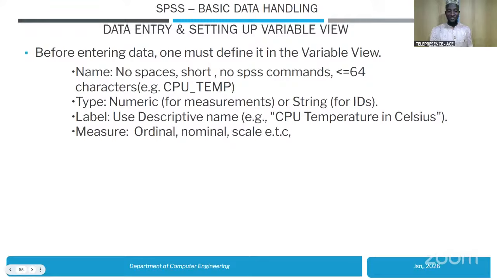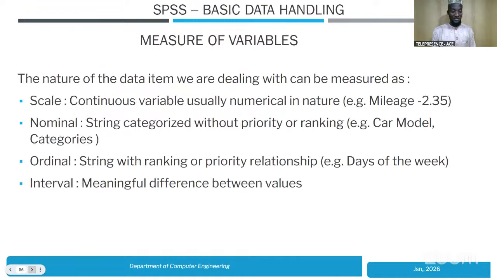When you create a variable under the data view, if you move your mouse over it and leave it there for a while, the label will be shown there. And for the measure of variables, we have ordinal, nominal, and scale. We are going to talk about that in the subsequent slide as well.